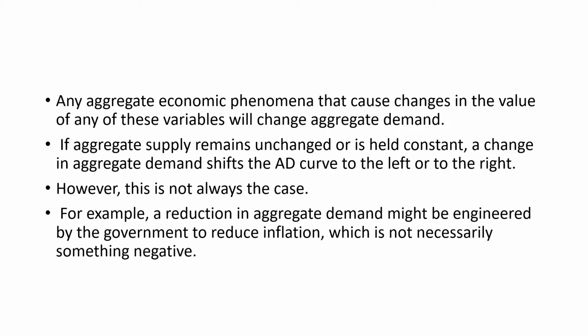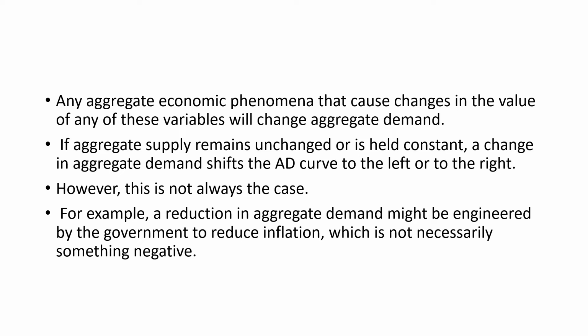If the aggregate supply remains unchanged, this is our basic assumption. Just assume that the aggregate supply curve is unchanged or constant. In this scenario, a change in aggregate demand would shift the aggregate demand curve to the left or to the right.